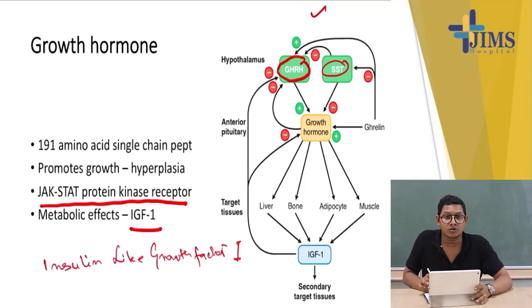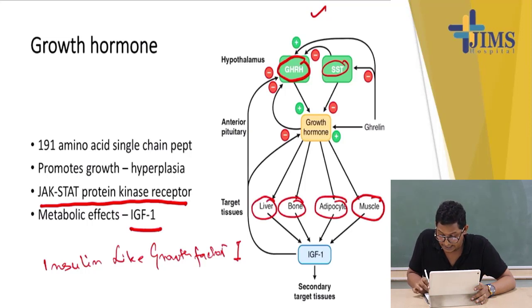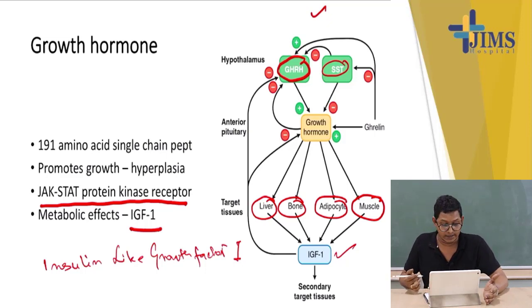This growth hormone acts on various organs like the liver, bone, adipocytes and muscles, which further elaborate IGF-1, that is insulin-like growth factor, which acts on the secondary tissues, and the major metabolic effects of growth hormone are generally due to this IGF-1.